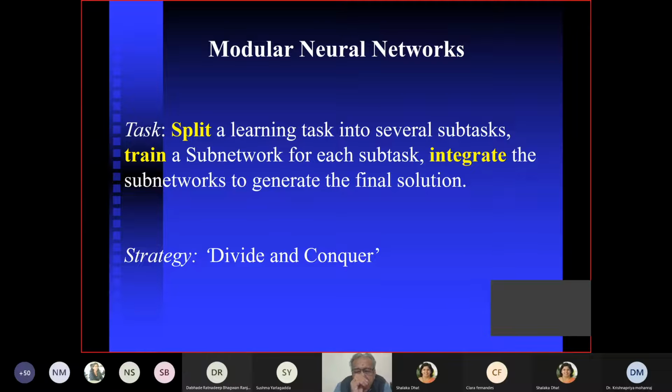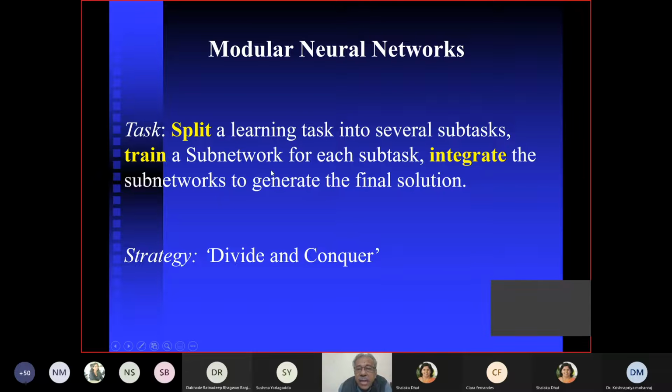So instead of that, I can split a learning task into several simple subtasks. And for simple subtasks, I can train a simple network. If the network is small, then its learning time is very fast. I can handle it nicely.